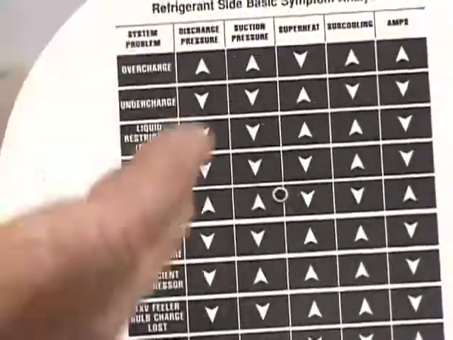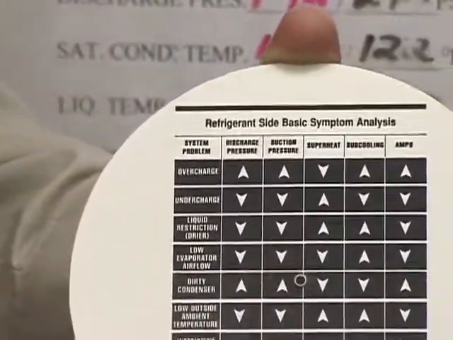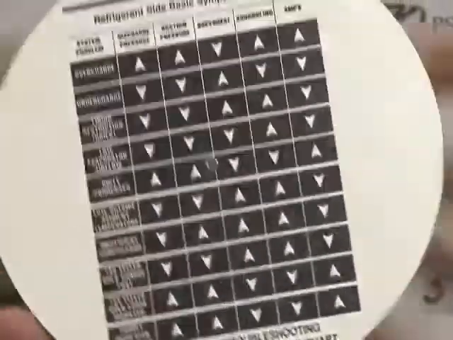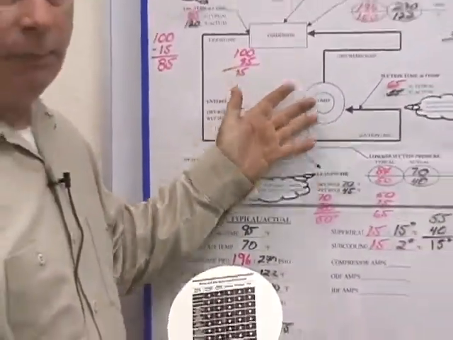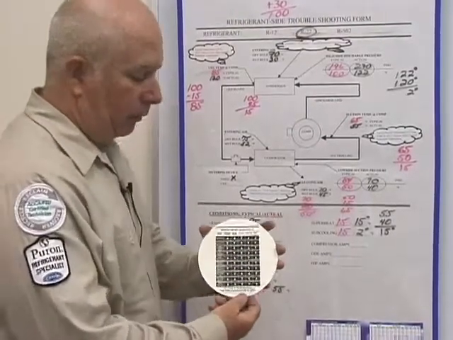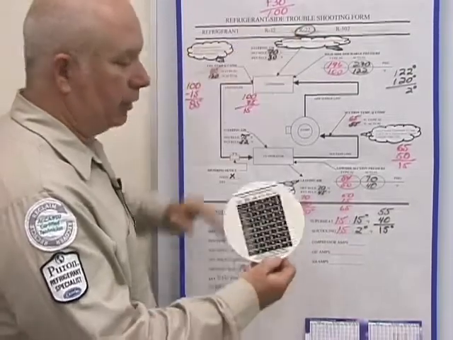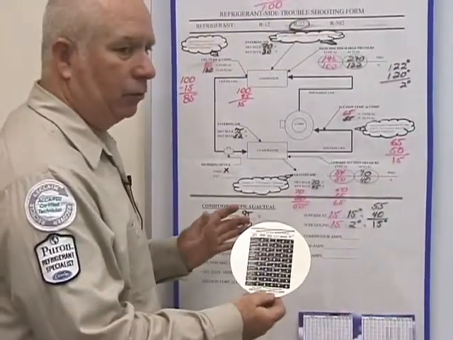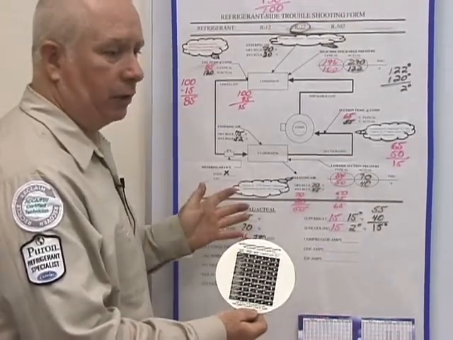Now, what this does is it's going to give you variables, and those variables will be determined from the numbers that you received off of this paperwork that you performed. So, let's have a quick overview. We know that we're dealing with R22. Now, this chart doesn't have anything to do with the type of refrigerant. So you can use this chart in almost any type of refrigerant.